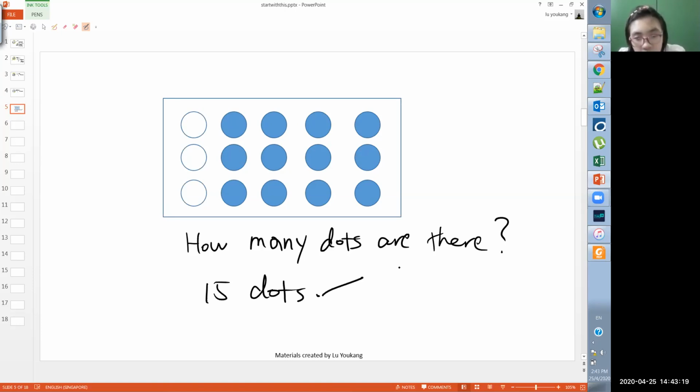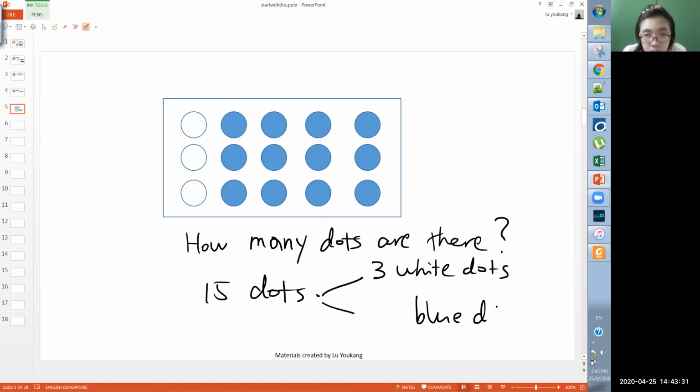So 15 dots, 3 white dots. Then what about blue dots? How many blue dots? 12. How do you count, by the way?